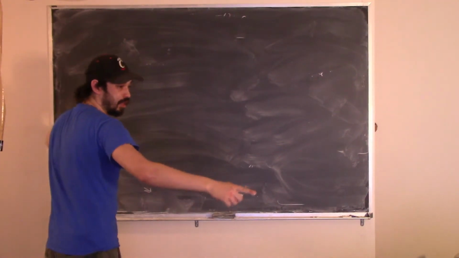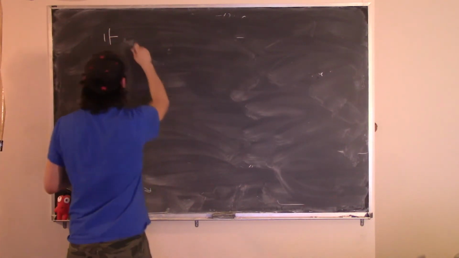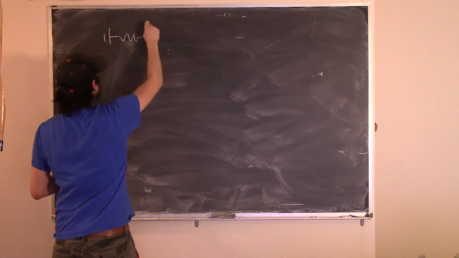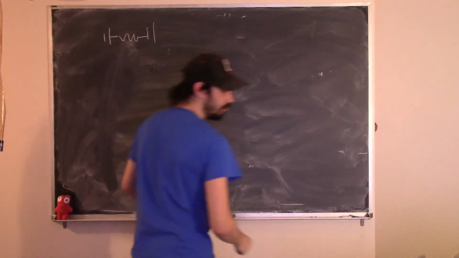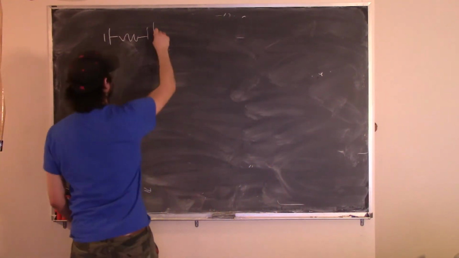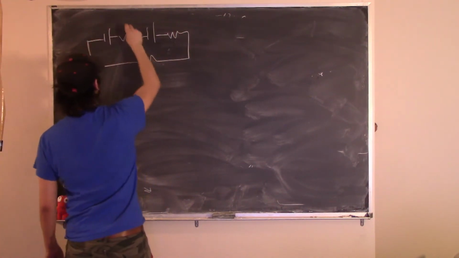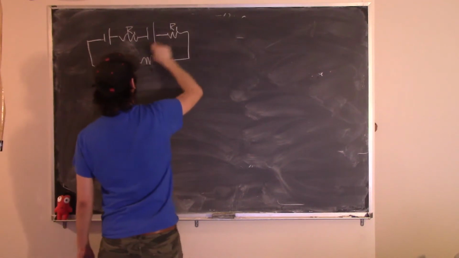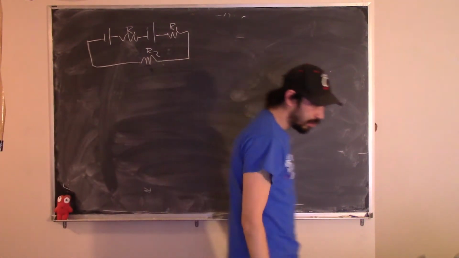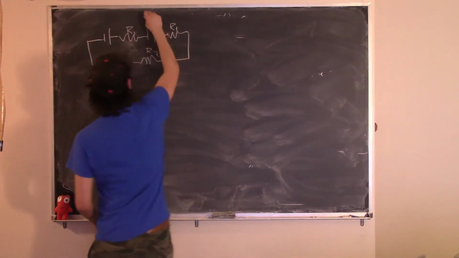So the first circuit that we have here is going to look like this. R1, R1, R2, and these are both V. Okay.